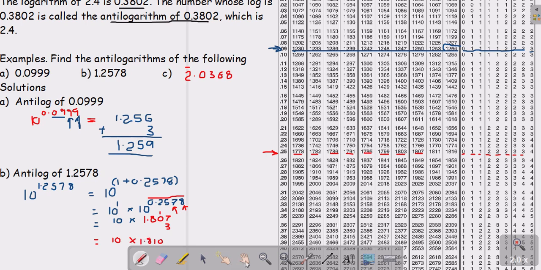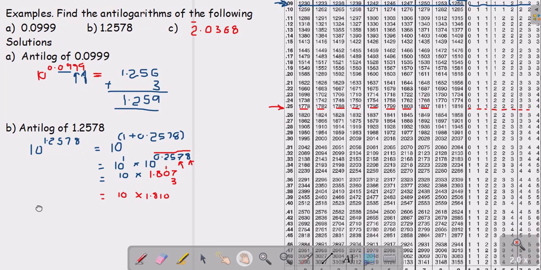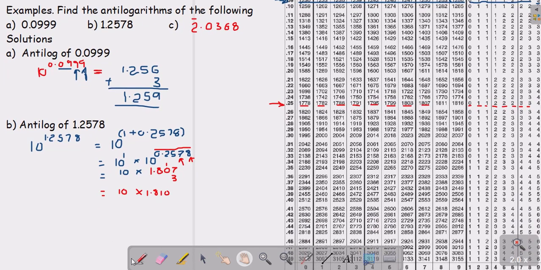So you find that the answer when we multiply 10 by 1.810, we get 18.1. That's the answer to this part B, like that.